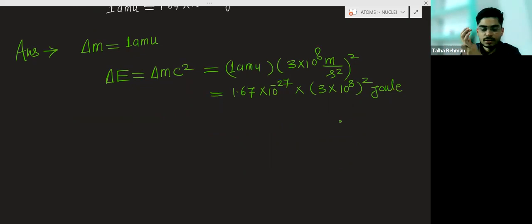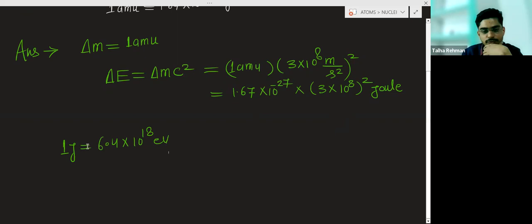There is one relation that you have to remember. In 1 joule, there will be 6.242 into 10 to the power 18 electron volt.